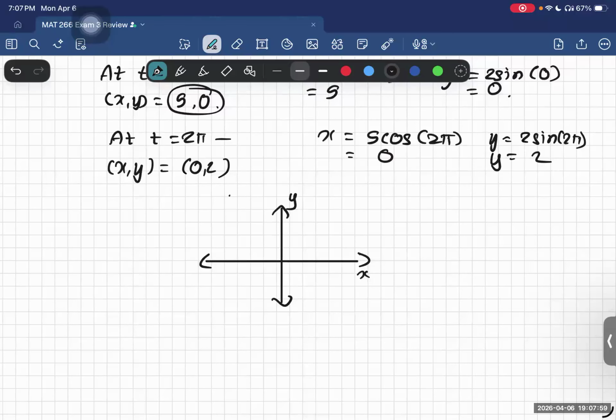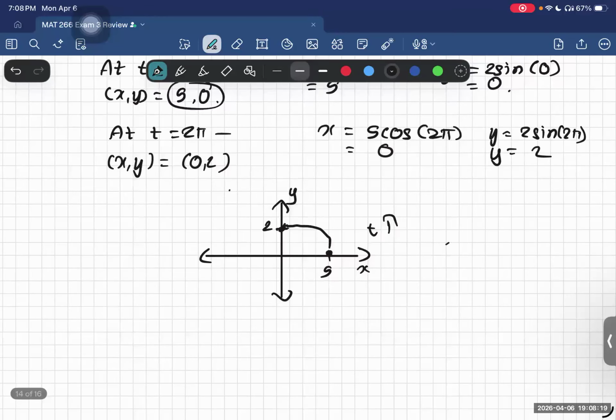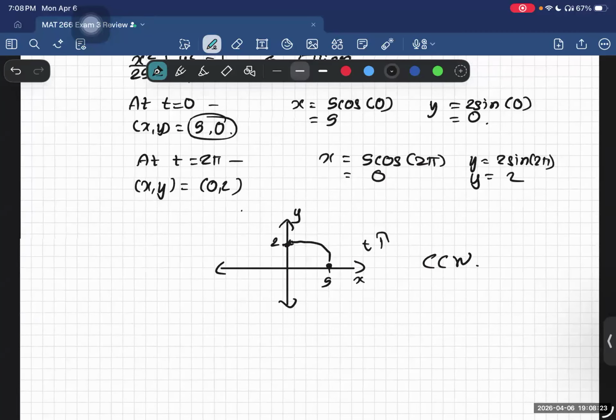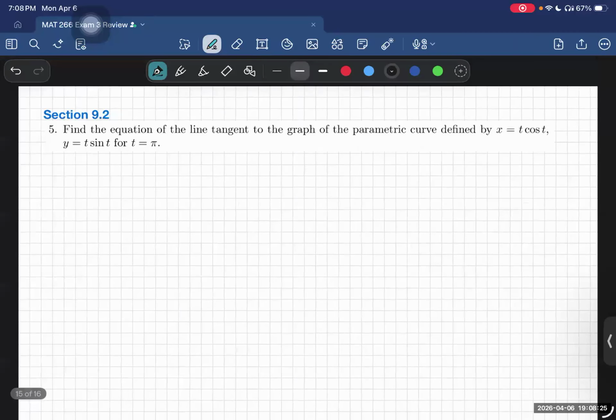So first I was, let's say this is 5, this is 0, and this is 2. First I was at this point, and then as my t increases, I'm kind of shifting towards this point here, right? Okay, that makes sense. And as you can see, it is moving in the counterclockwise motion if they ask you for the direction. All right. Okay. So let's see the next question.